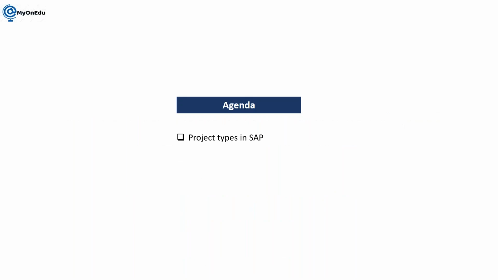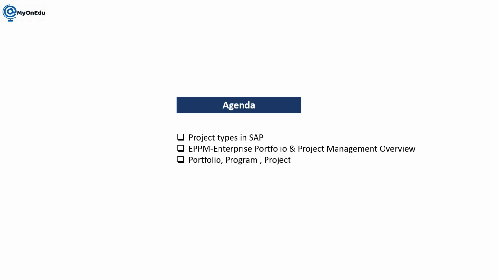So the agenda is to explain the project types in SAP, then the concept of EPPM, Enterprise Portfolio and Project Management overview, then portfolio, program and project, and then we'll take one business case and understand what a project is. Then how to access SAP project system and investment management through GUI, graphical user interface, and through Fiori.